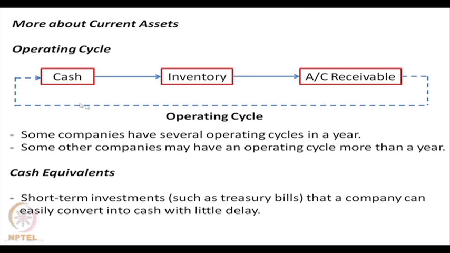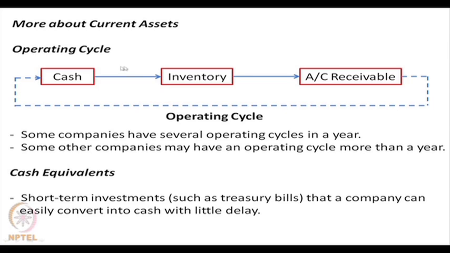Normally, cash is the most liquid, that is used to buy inventory, raw material inventory, and then the company adds value to it to make it into work in process and then finished product inventory, and then this finished product inventory is sold to the customers. If it is on credit, then it remains as accounts receivable, and then when it is paid by the customer, it is turned into cash.